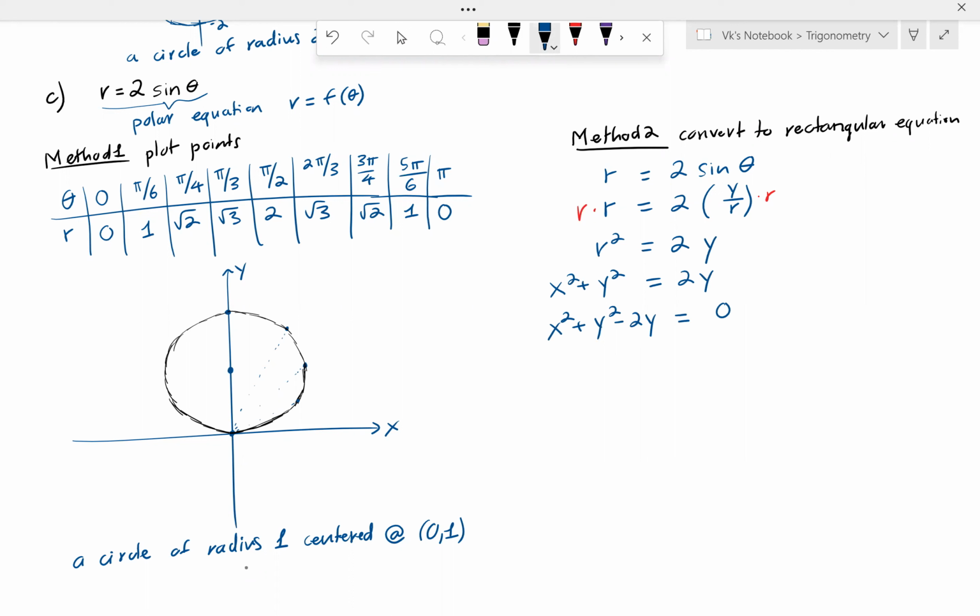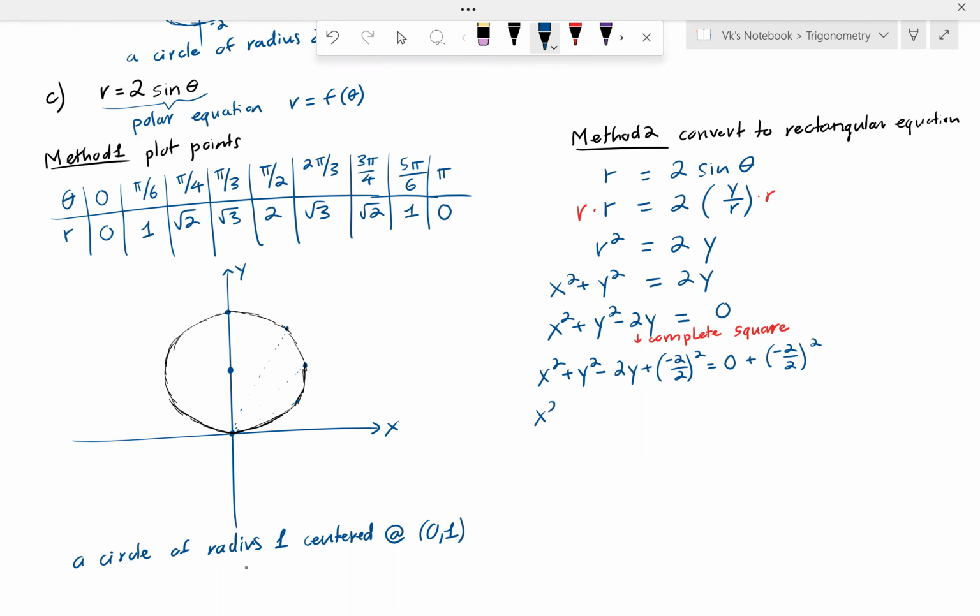And then from there, we're going to complete the square. x squared plus y squared minus 2y plus b over 2 squared. So it's negative 2 over 2 squared. Do the same thing to the other side. 0 plus negative 2 over 2 squared.